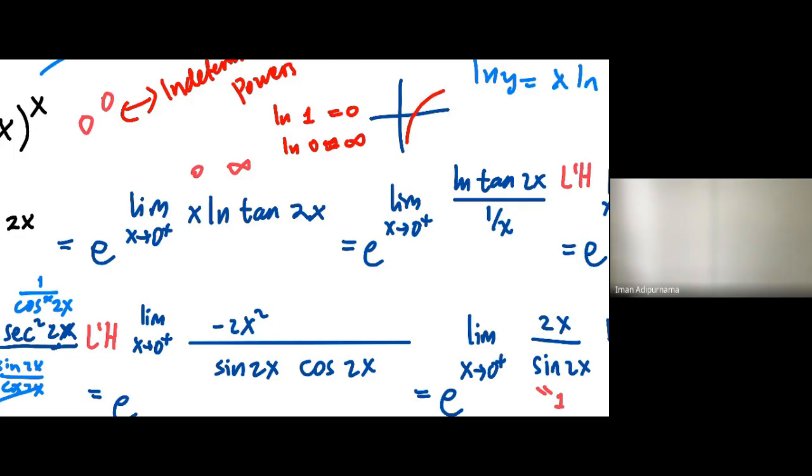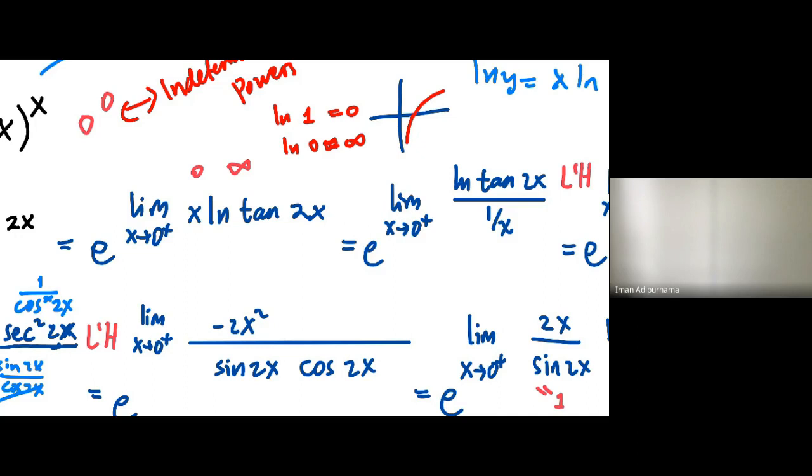Whenever you have the ln, it goes down here, right? If we approach 0, closer to 0 from here, it goes infinitely negatively large. So when we have this, we call this an indeterminate product.